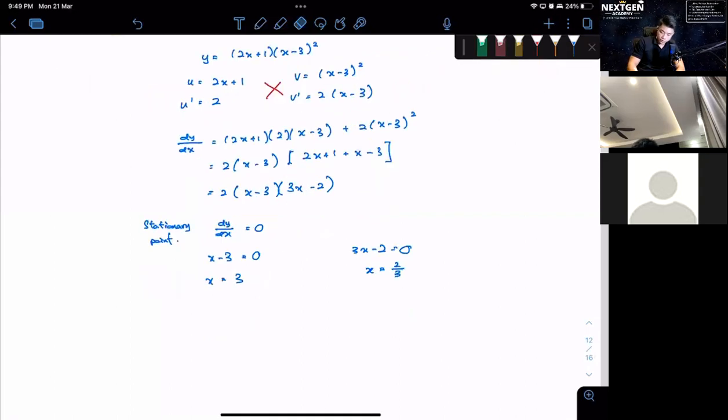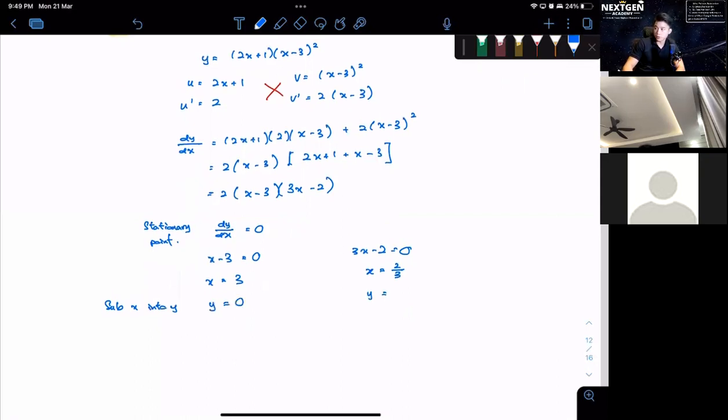Okay, then sub. Now we have x already, so let's go and find y. Okay, you all go and do the working. Go sub it in. This one you'll get y equals 0. And here you'll get y equals 343 over 27.